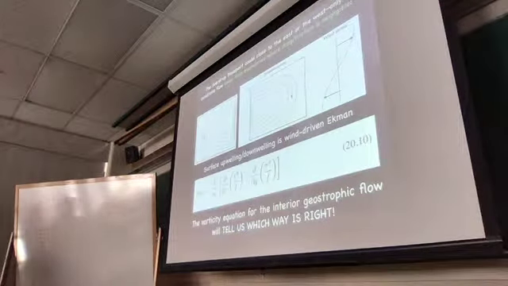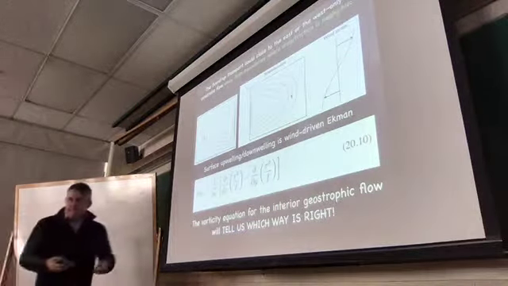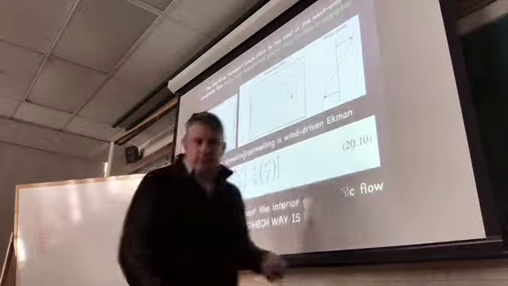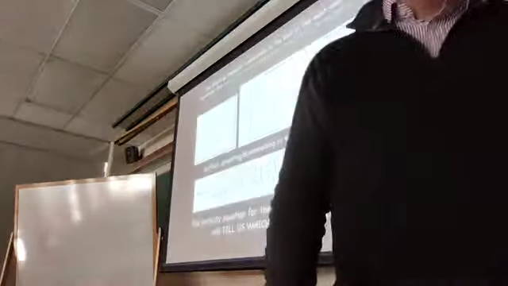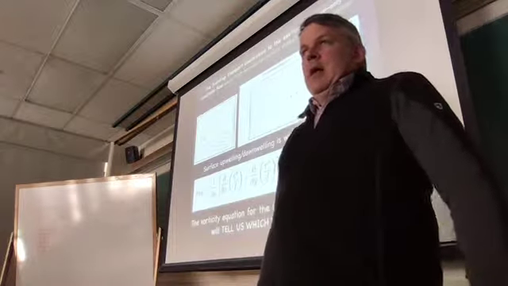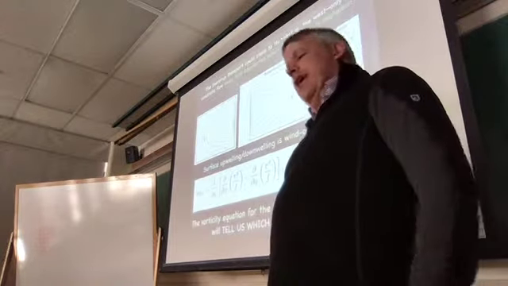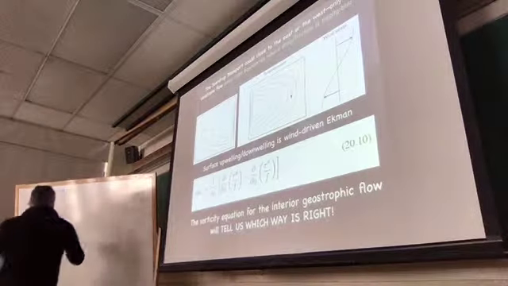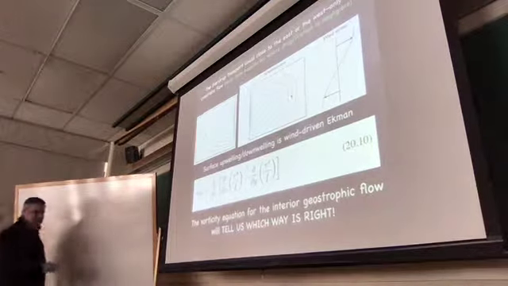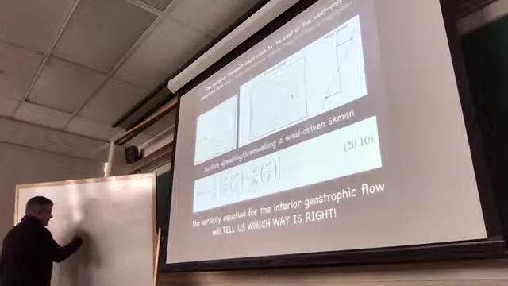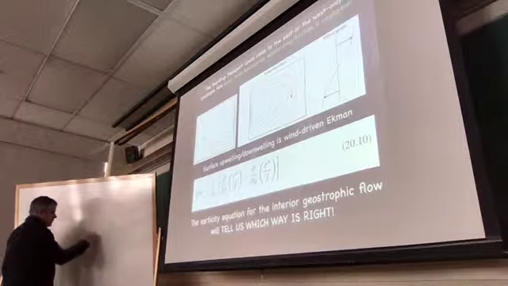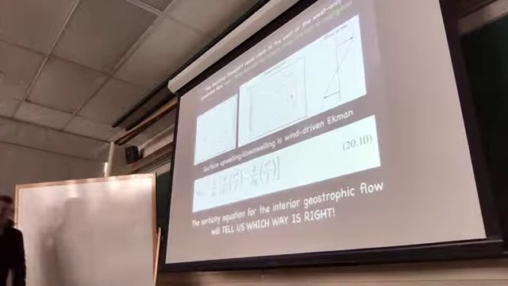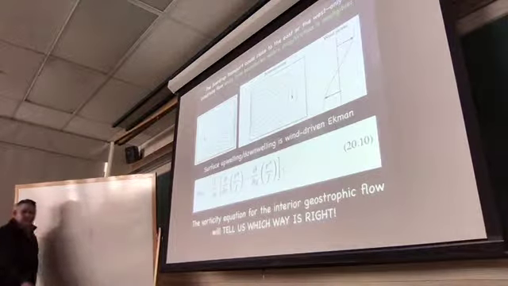So the curl of tau by f, is that already the Ekman transport calculated for us? It is the curl of tau by f, and it's not the Ekman transport. It's just del cross tau over f. And I think there's a rho that you need to add.